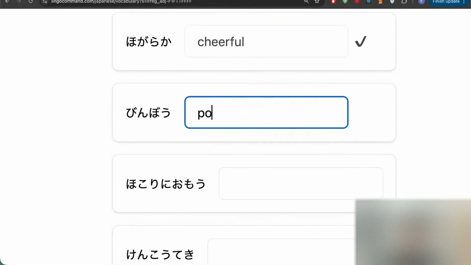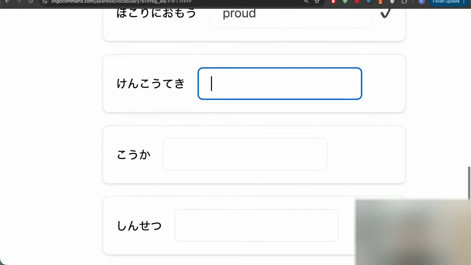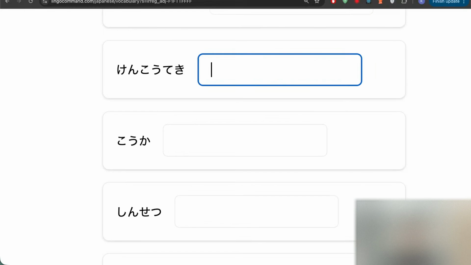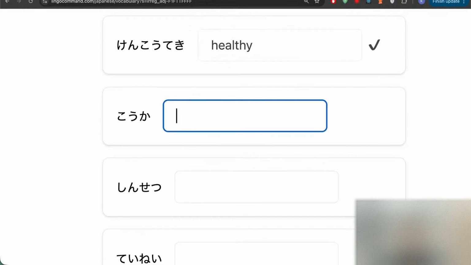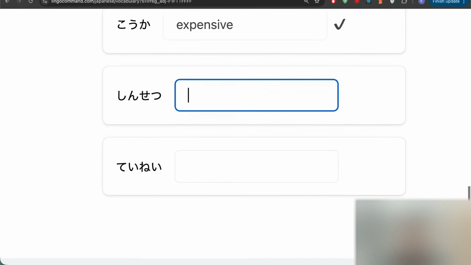Binbo is poor. Hokori ni omou is proud. Kenkou teki is healthy. Koka is expensive. And then shinsetsu is kind.